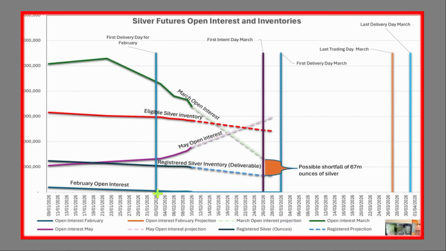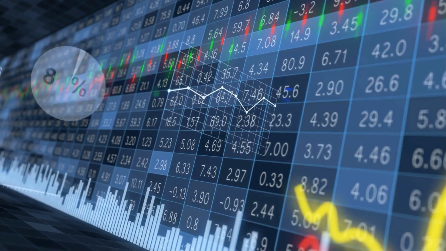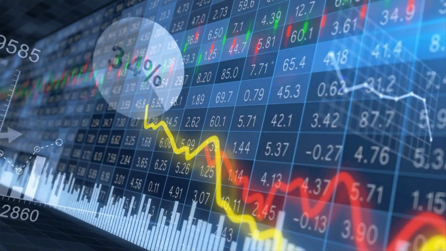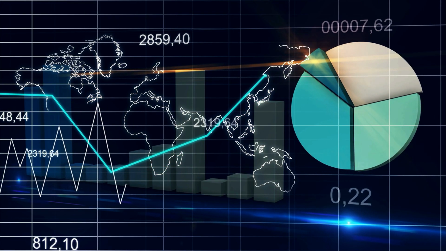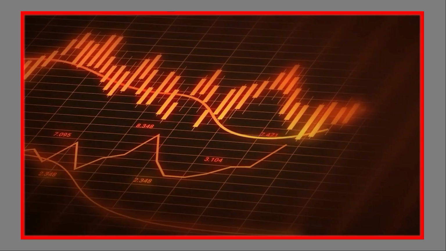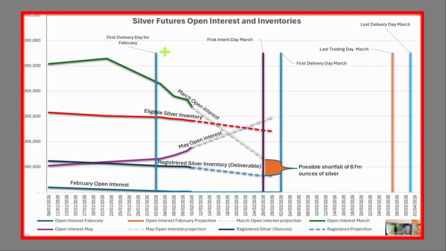So those who had the February contracts, and don't forget they're very, very small, the shorts can keep their contract going if they want, but they have to deliver before the end of the month. And I'll explain the mechanism for that in a moment. But as you can see, it's really insignificant. The number of shorts on the February exchange month are almost nothing, and they've almost all delivered already. But that would be the first delivery date.